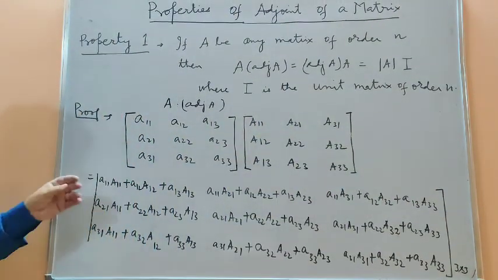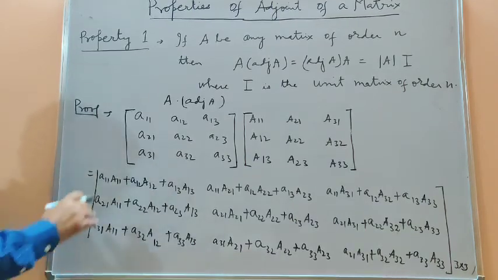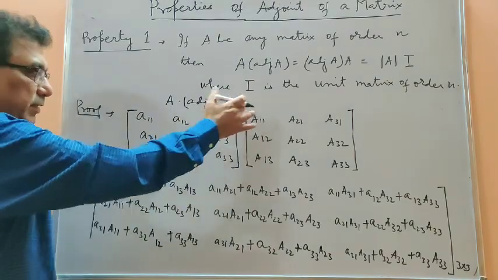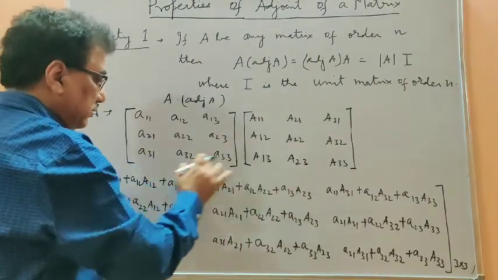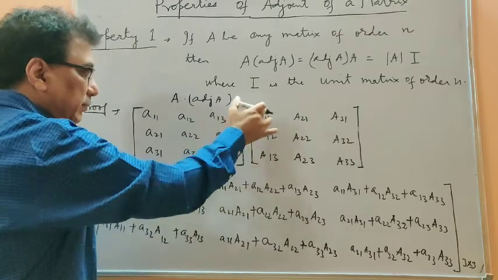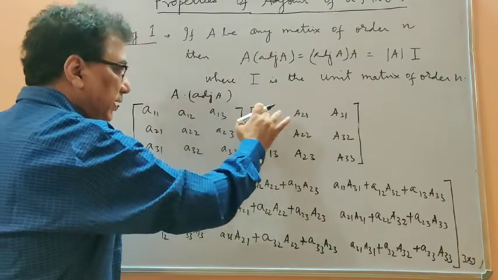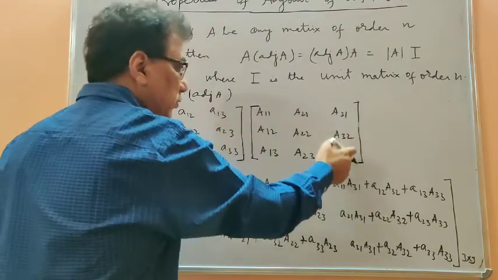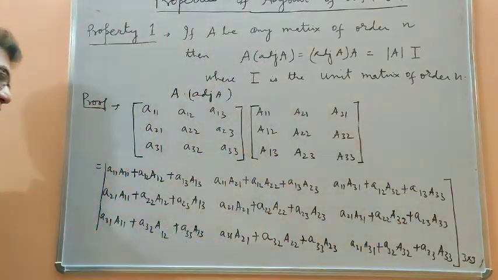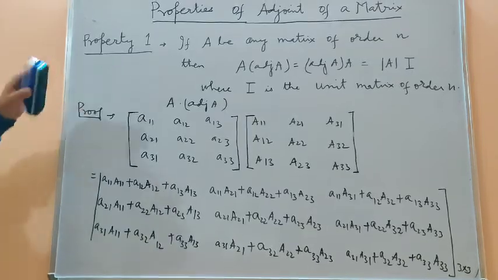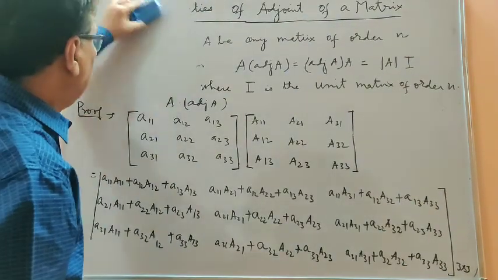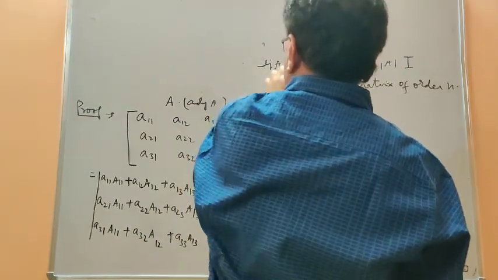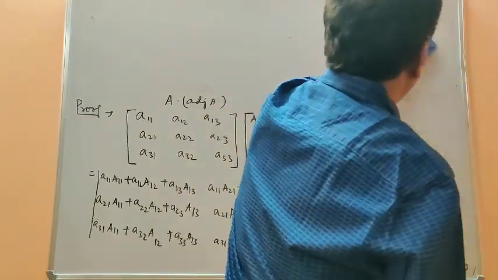Now, if we multiply by matrix multiplication, we get this result. This is the result when the first row is multiplied with column number 1, and this is multiplied by column number 2, we get this. The first row multiplied with column number 3, we get this, and similarly others. Now, this is the important step.